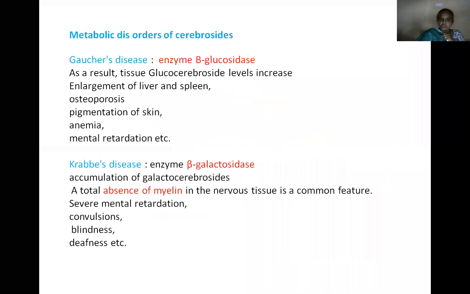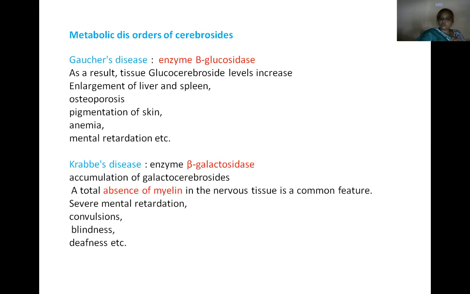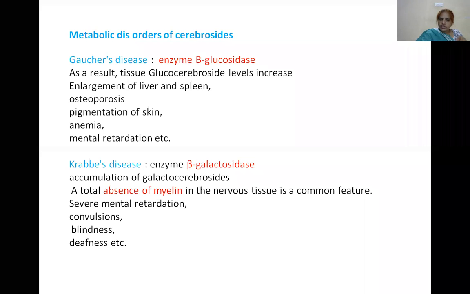This leads to accumulation of glucocerebrosides in the tissues, causing liver and spleen enlargement, osteoporosis, pigmentation of the skin, anemia, and mental retardation.